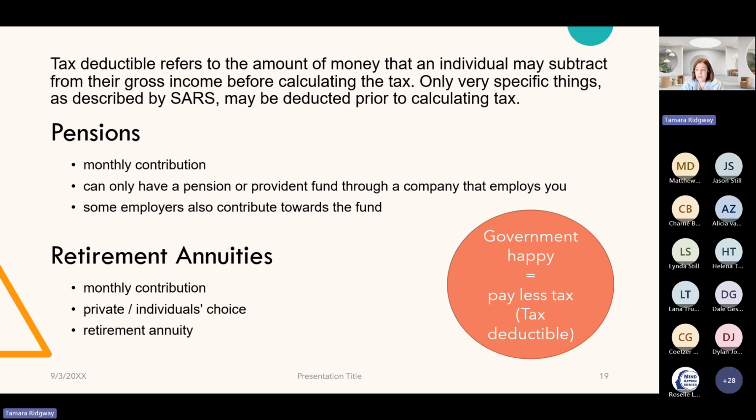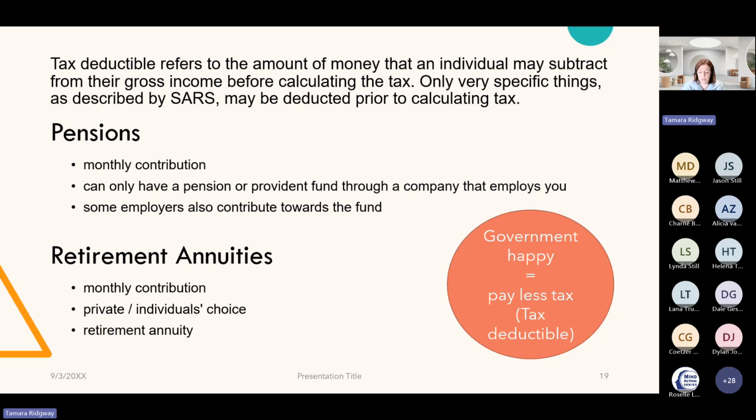I learned a lot when I was researching this a while back. I learned the difference between pension funds and retirement annuities. You might be saying, doesn't everybody know that? Well, I didn't. I didn't know that pension funds are through an employer.